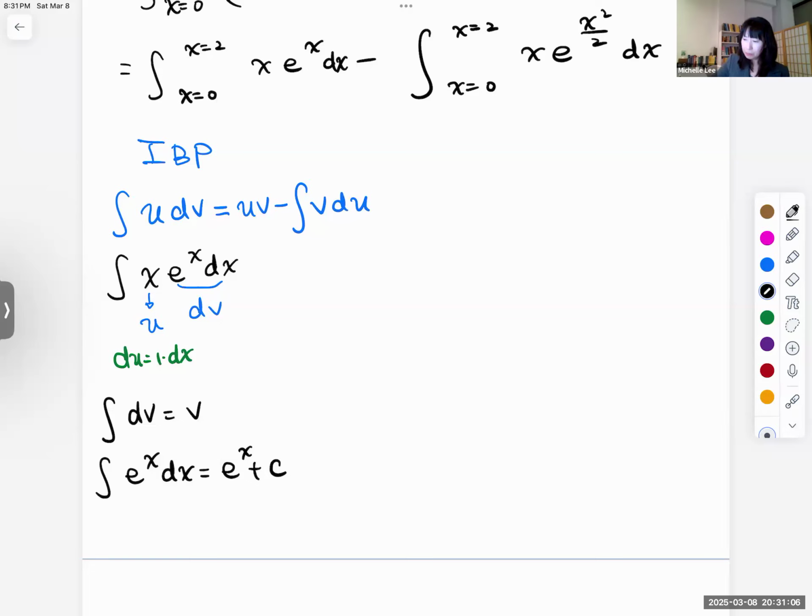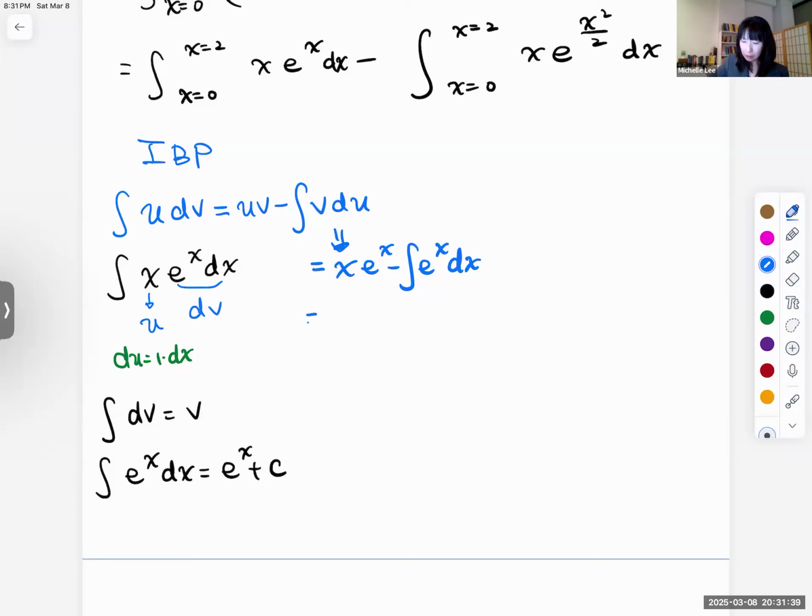There will be uv, that is u, which is x, v, which is e to the x power, minus the integral of v du. v is e to the x power, right? du will be dx.